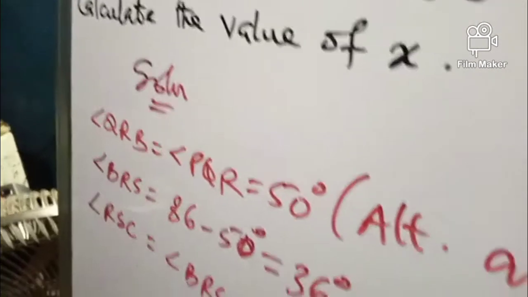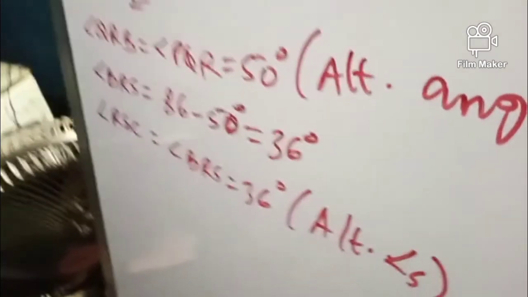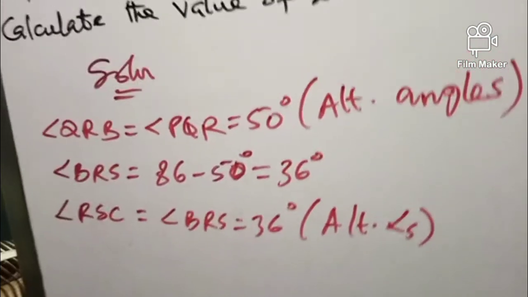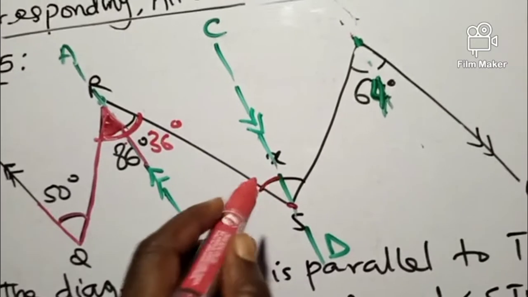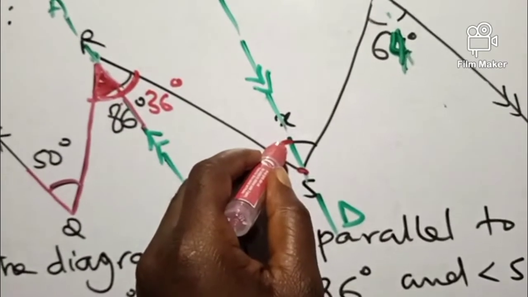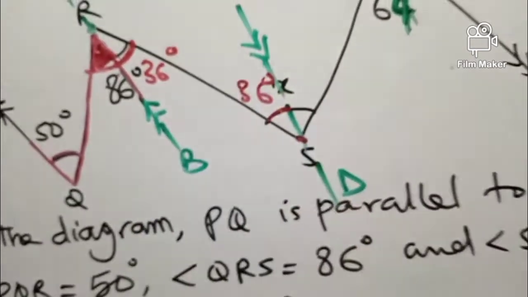Reason: alternate angles. This angle that I marked here is alternate to this, which is 36 degrees.